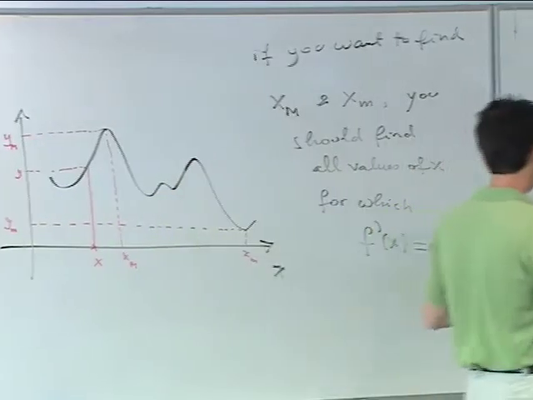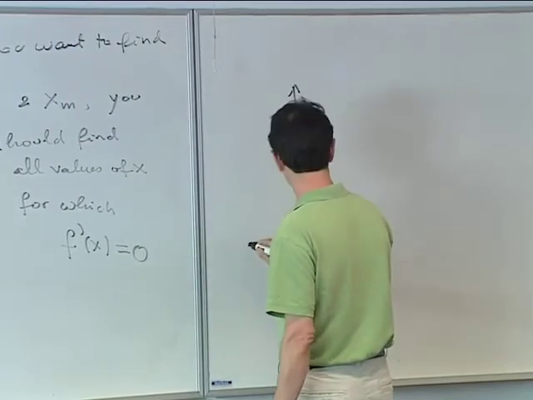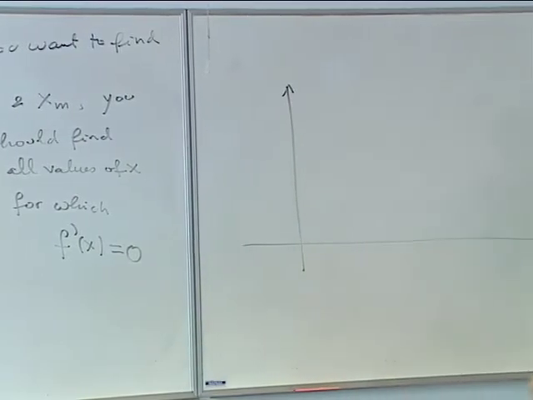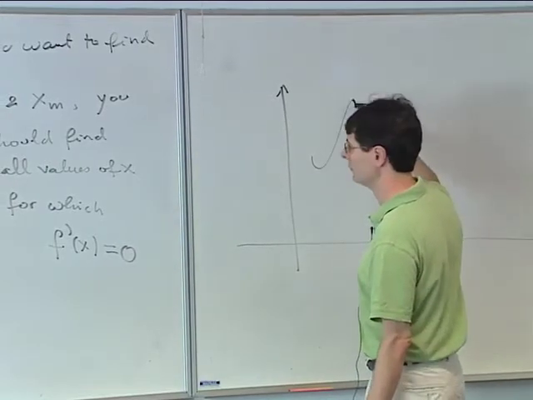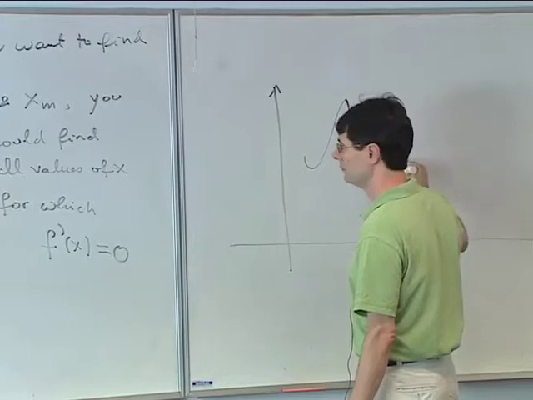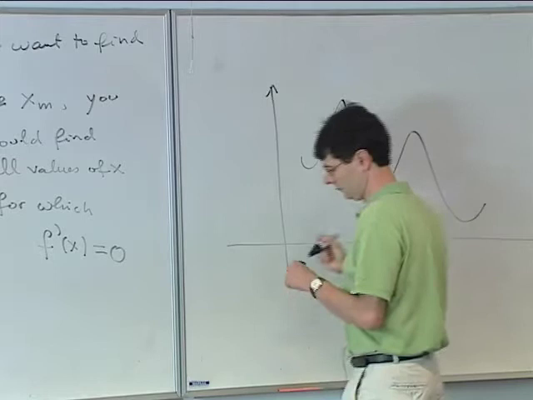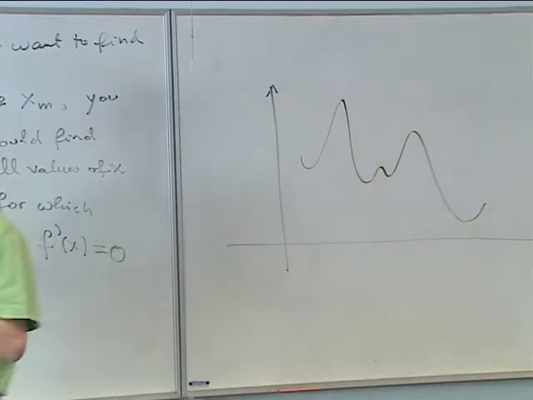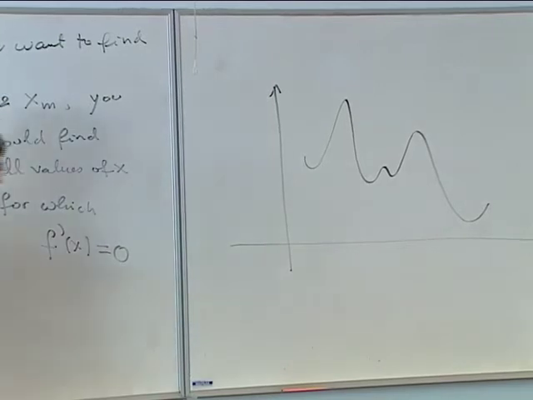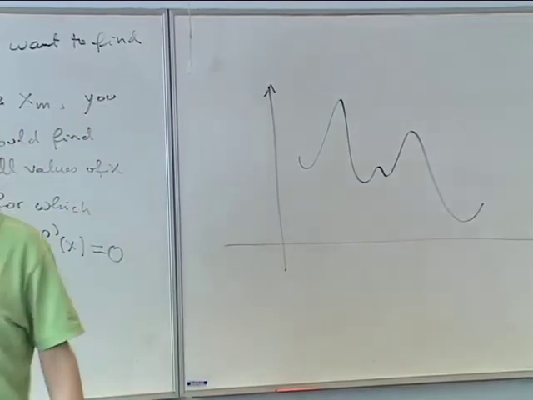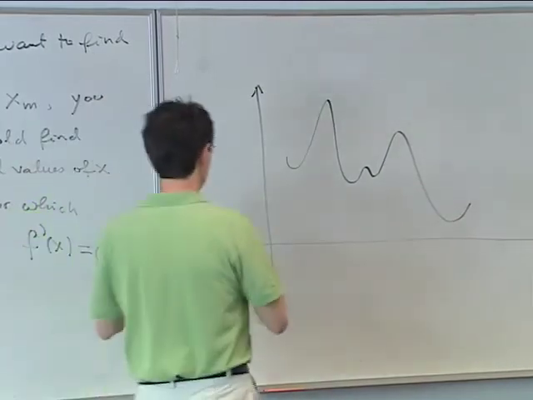Let me reproduce this picture one more time. Now, let's find every single value of x where the slope is 0. There's one here.